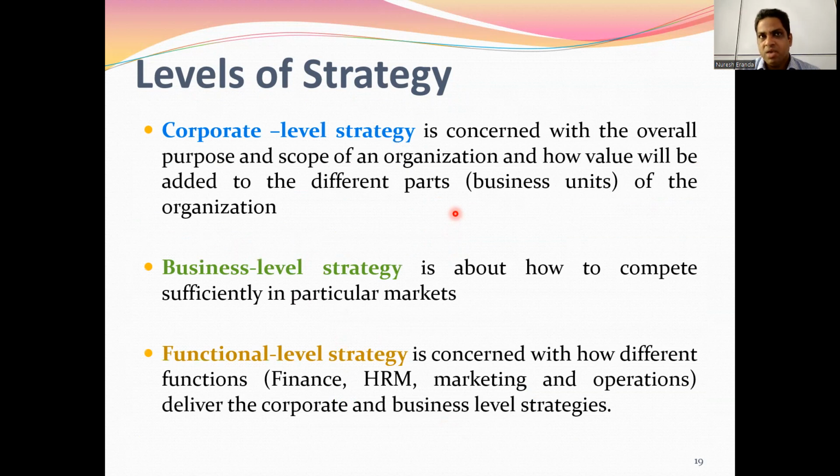So you think about how to expand these units, how to add a new unit, how to divest a unit which is not profitable. That is corporate level. It talks about the growth of the organization, how to grow by adding new parts and by removing the unprofitable businesses.